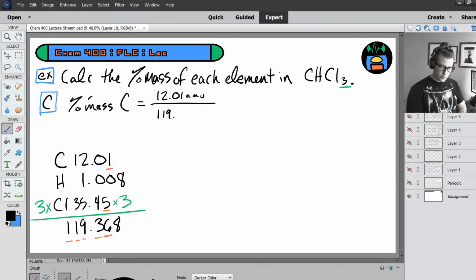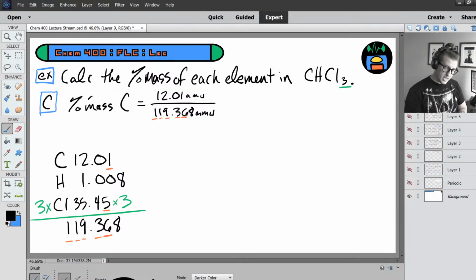This is 119.368 AMU, and this is our last significant digit, in that second decimal place. Those lines are there to remind me.